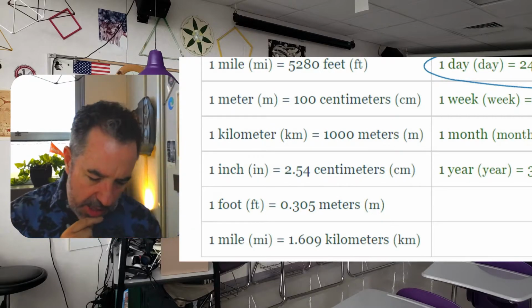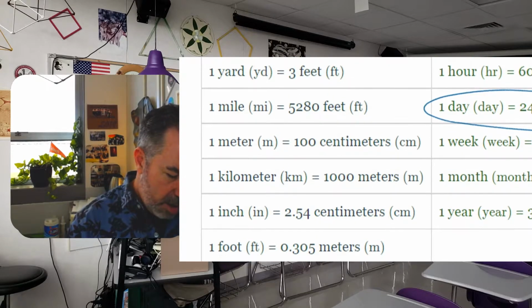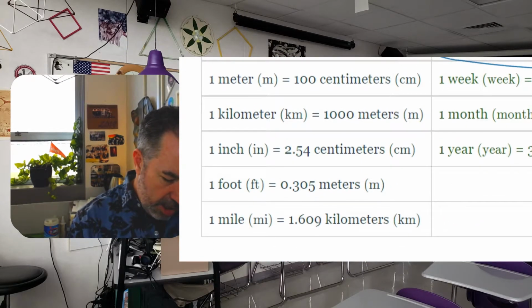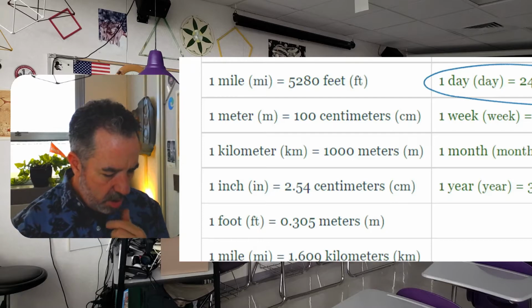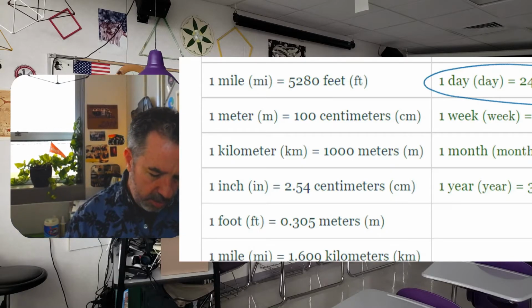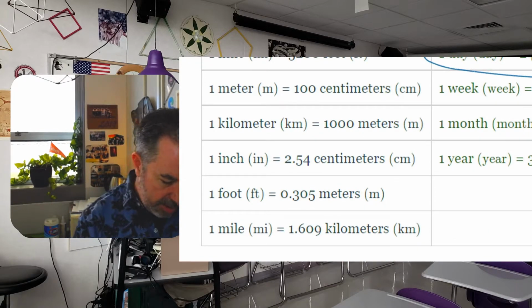I've got up here miles and feet. It looks like the only way that I'm going to be able to do this is I'm going to have to go to kilometers. And then once I'm at kilometers, I can use this factor.